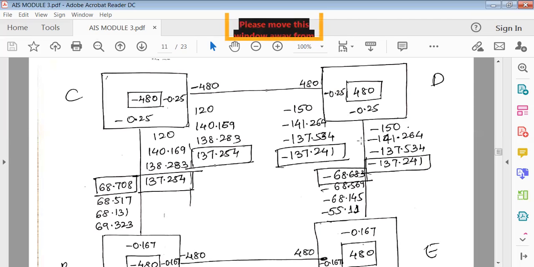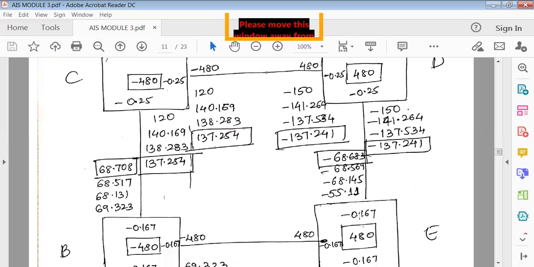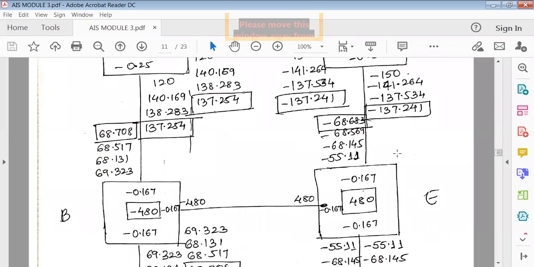Into minus 0.167. Add all of this, so you'll get minus 68 point. So it is 480 plus 140.169 minus 55.11 into minus 0.25, write it here. So the second iteration is over.